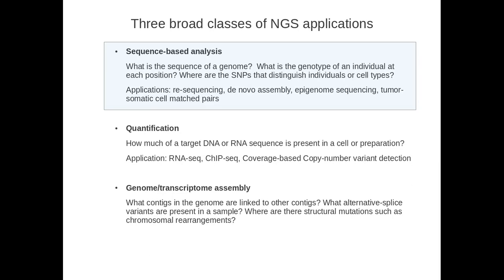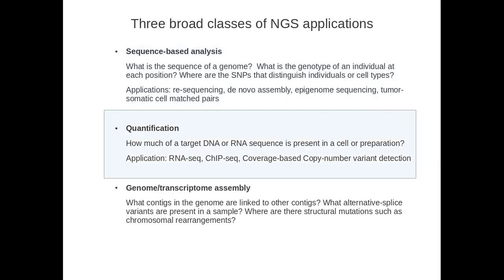of individuals. The second area of applications is, broadly speaking, quantification. So here, all of you know about RNA-seq, and what we're interested in doing is quantifying the number of molecules in a particular preparation, such as a cell or a cell under a certain set of conditions.